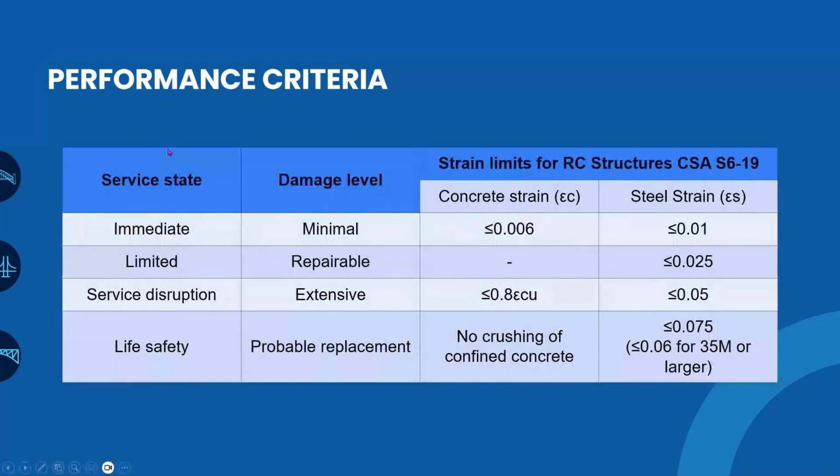Depending upon the damage level and the serviceability limit, say we consider service disruption and the extensive damage level, then the concrete strain in the structure should be limited to 0.8 epsilon Cu, and the steel strain shall be limited to 0.05. These strain limits are given in CSA, and depending upon the service and damage level, we can evaluate our structure to check whether these strain limits are met or not.